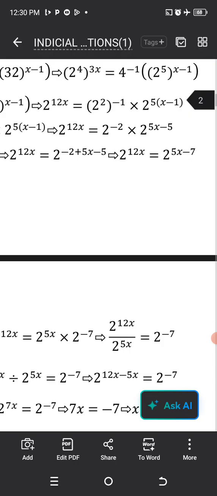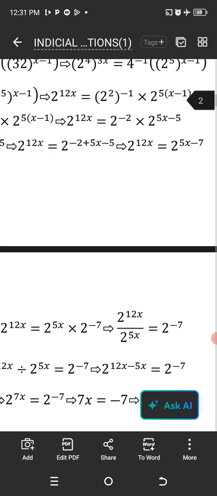Now if you apply product law, 2 raised to power 2 inside parentheses all raised to power minus 1 has changed to 2 raised to power minus 2, multiplied by 2 raised to. Now you will see that we've multiplied 5 with everything inside the parentheses. That was why we have multiplied by 2 raised to power 5x minus 5.